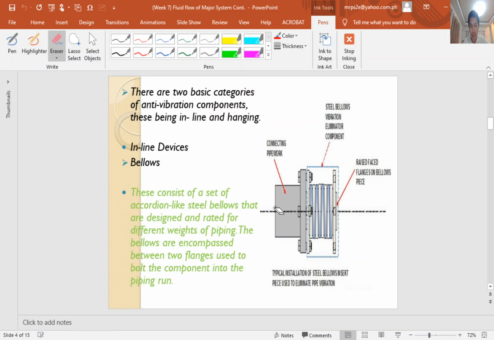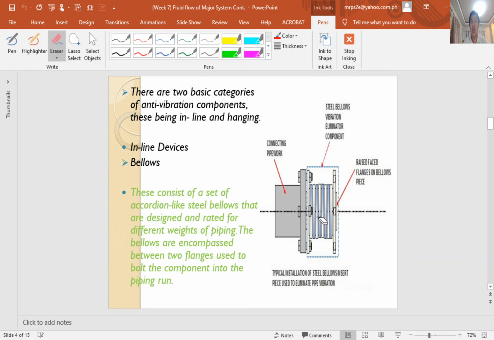So we have here the flanges. You see, this is a flange, this is a flange, and we have here the connection to the pipework, as well as to the other side. So we have here the steel bellows vibration eliminator component. This one is bellows, or in other applications, in other machines, this is called an expansion joint.